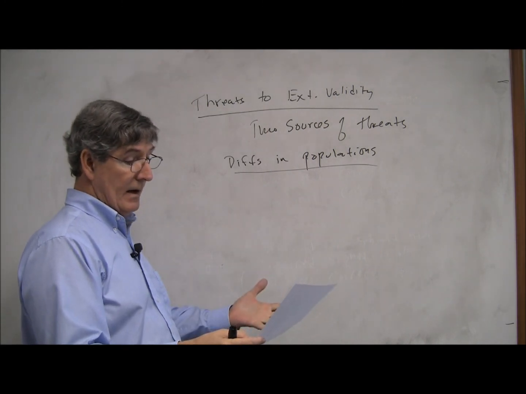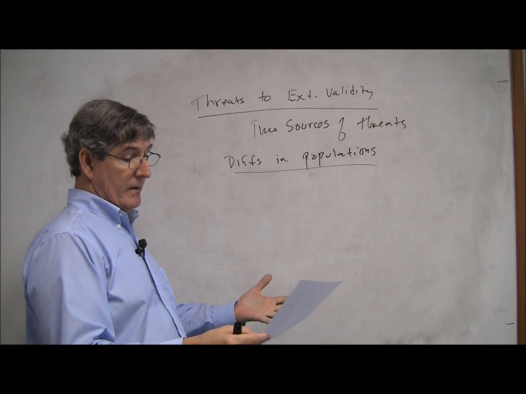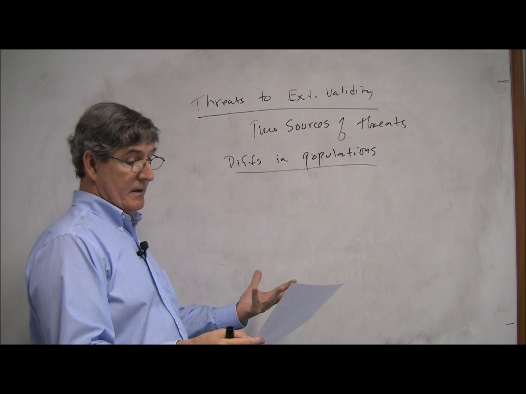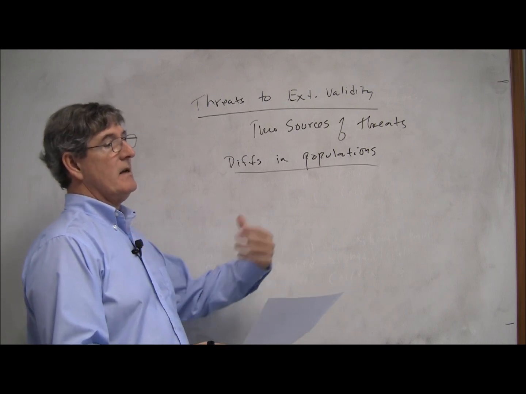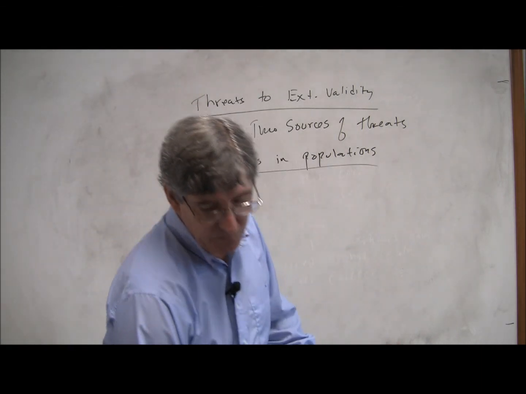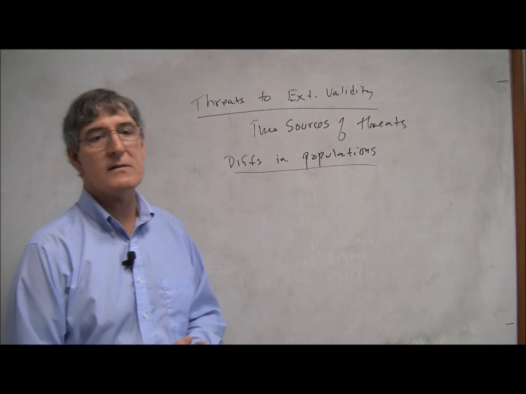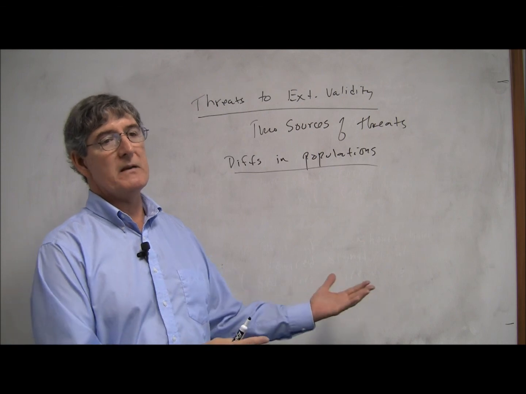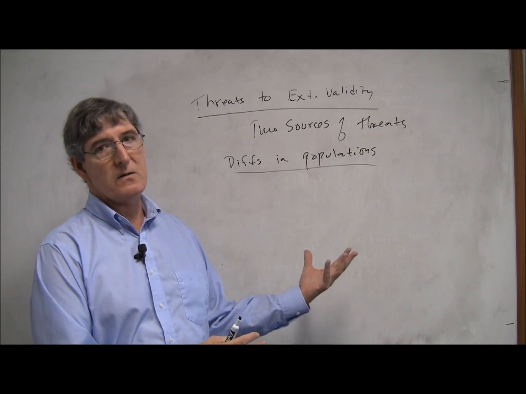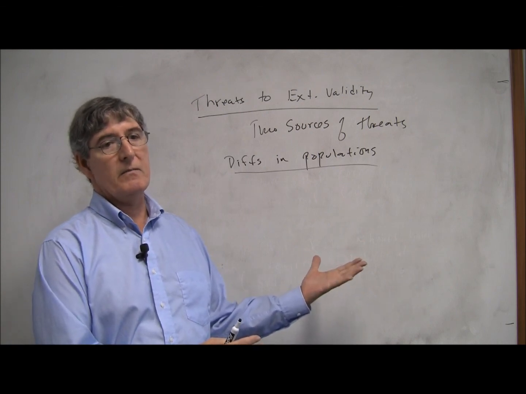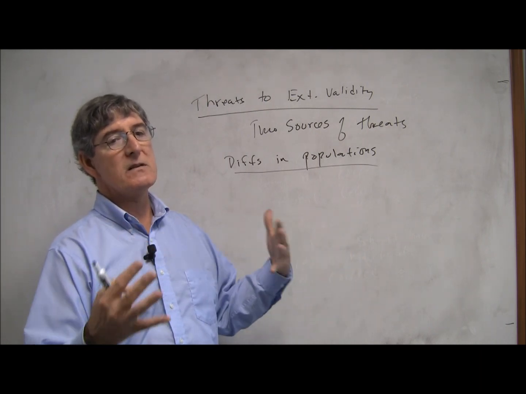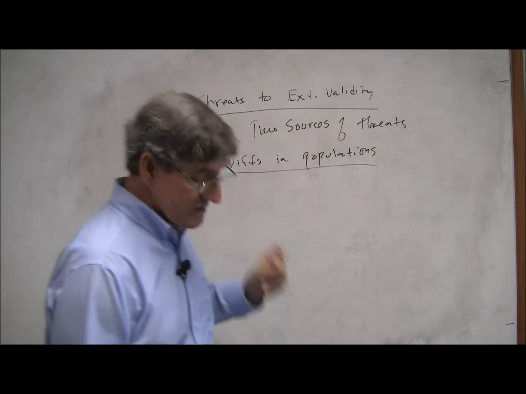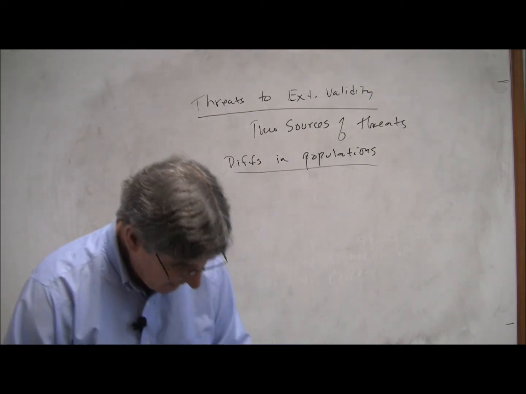And so if the populations are very different, it may be that your results won't hold, because the California results have a whole lot of immigrants in there that are making a difference. Maybe in a state with no immigrants, you're going to get a different sort of result. Maybe there's other differences in the populations as well. And so if there's big differences in the two populations, then the results just might not be applicable.